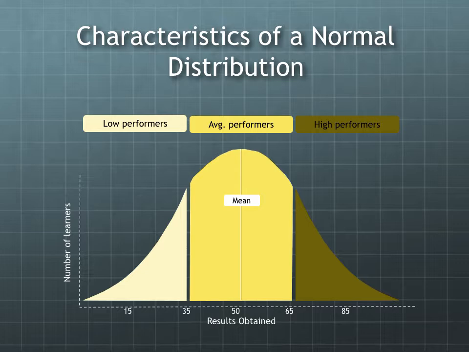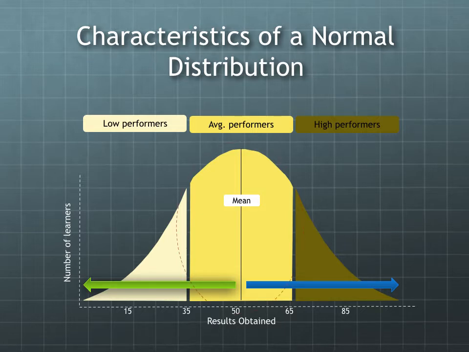A normal distribution has a number of characteristics, and it's essential that we remember these when using it to analyze data. The first is that there are as many results below the mean as above it. If you look at the mean in the middle, to the left, the green arrow, and to the right, the blue arrow, the number of learners performing in that bracket is the same. The next is that most of the results cluster around the mean in the middle.